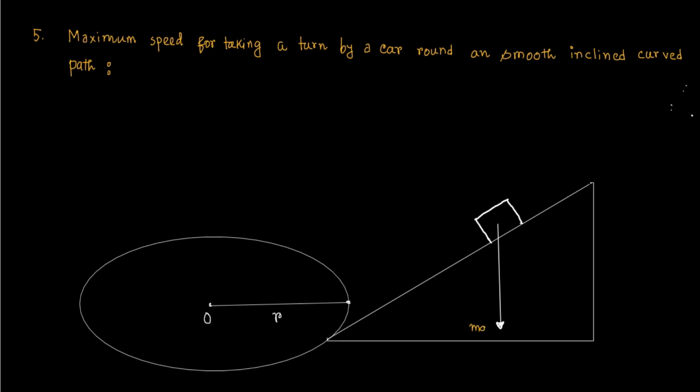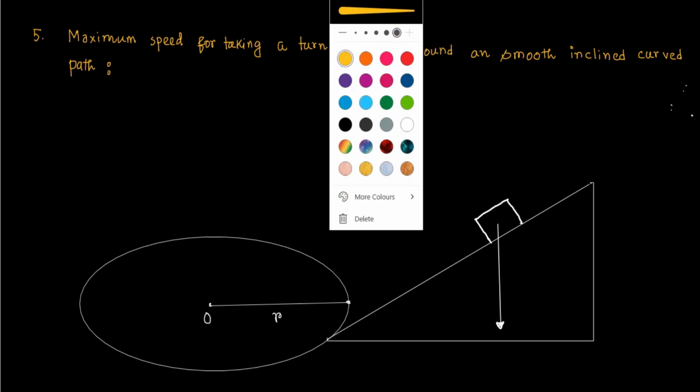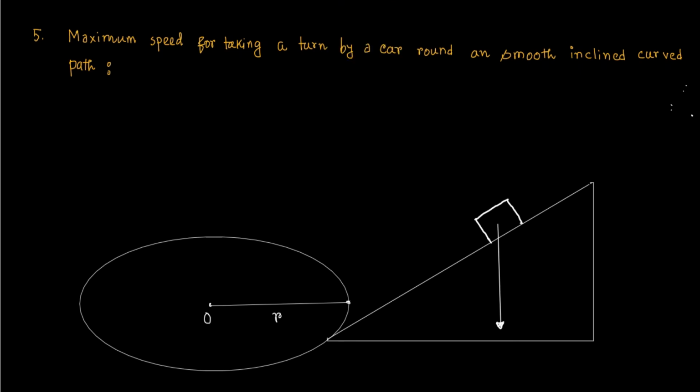Weight of the car, that is mg, acts vertically downwards, and this weight mg is resolved into two rectangular components.